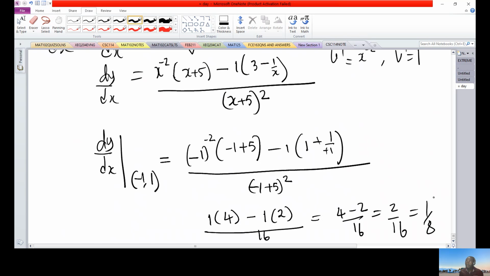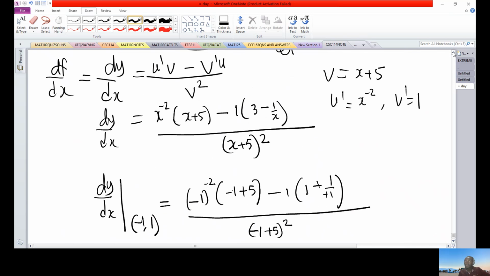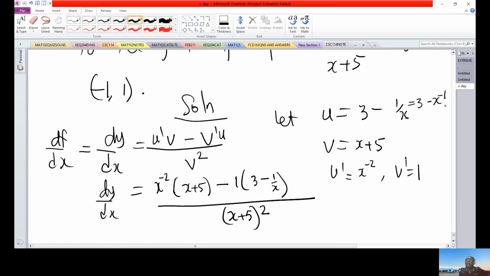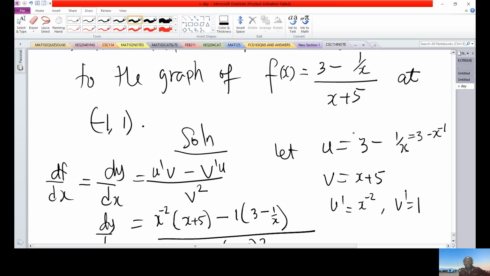Let me redo this. Our u is given by 3 minus 1 over x, which is the same as 3 minus x raised to minus 1, and v is given by x plus 5.